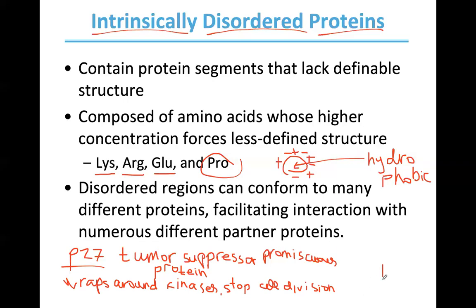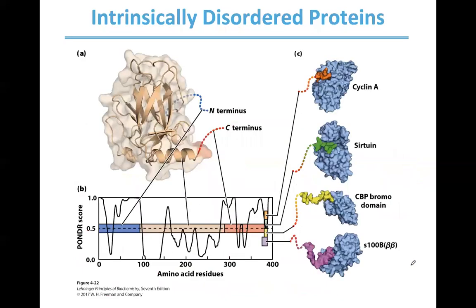So another one is P53, and that's the one on the next page. So you can see here, this is the natural predictor of disorder. Okay, so there are computer programs now. We have learned some things about intrinsically disordered proteins.